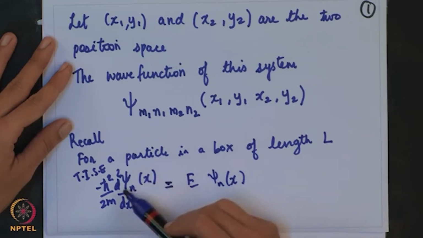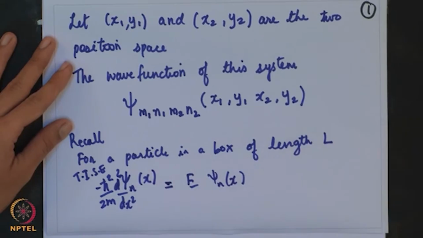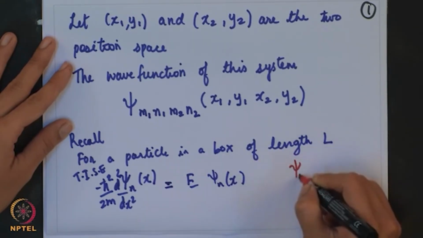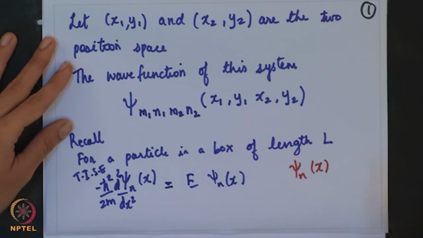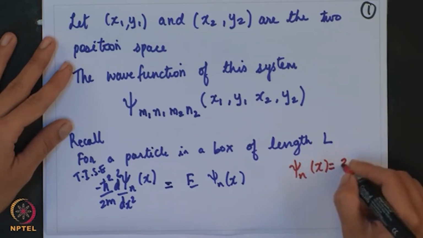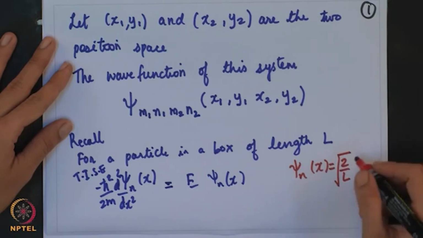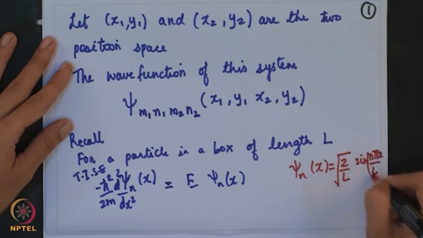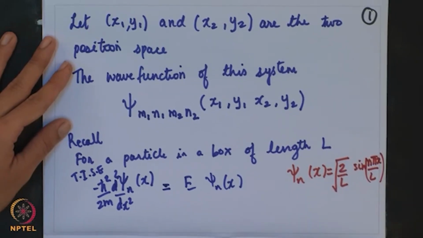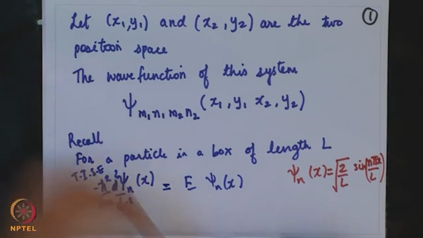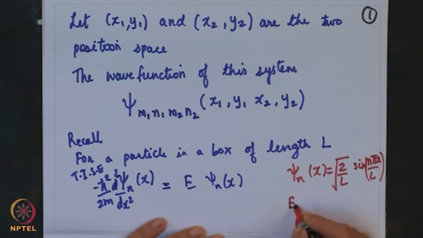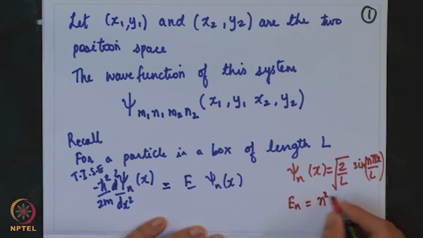For a one dimensional particle the wave function is psi n x, which is square root of 2 by L sin n pi x by L, and the corresponding energy is n square pi square h cross square upon 2m L square.